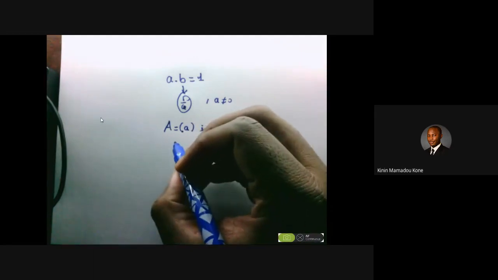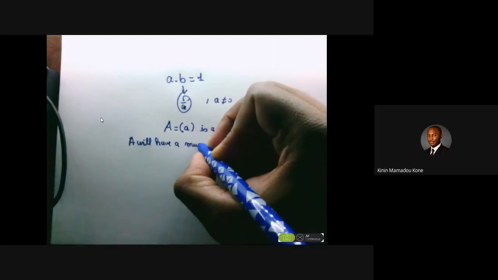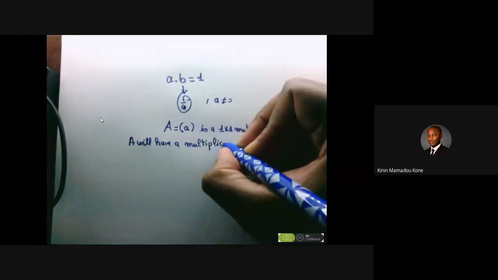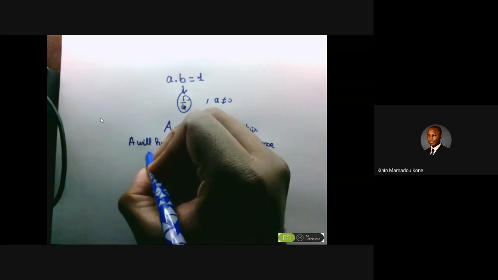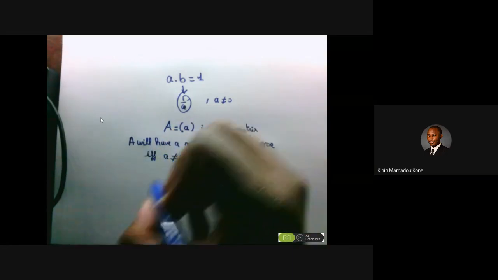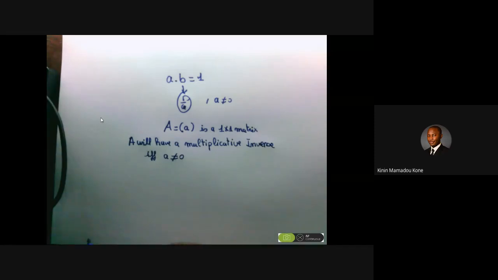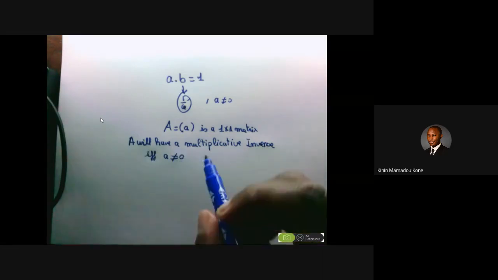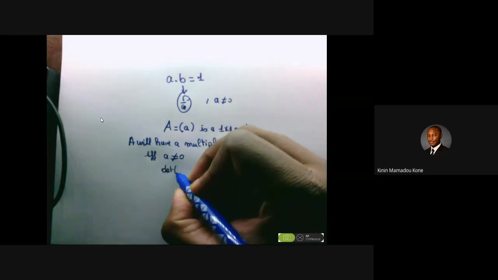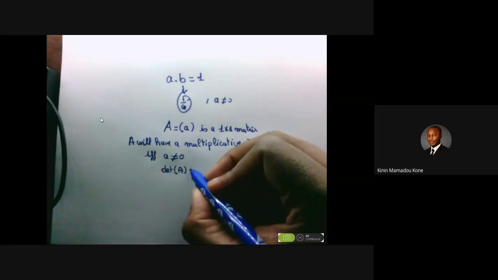The number that fulfills such a condition for a matrix is what we call the determinant of the matrix A. So the determinant of the matrix A should not be equal to 0.